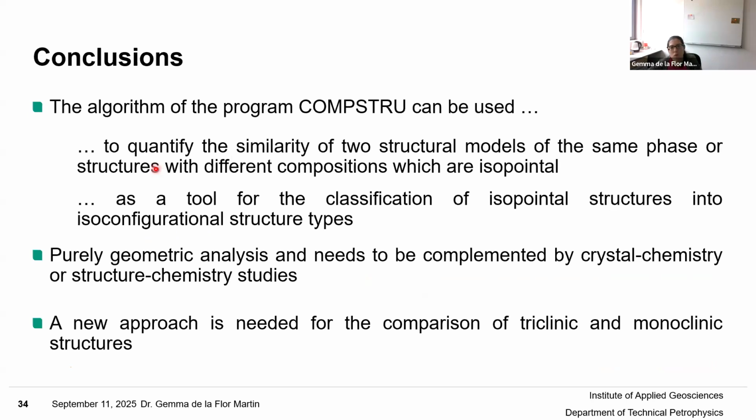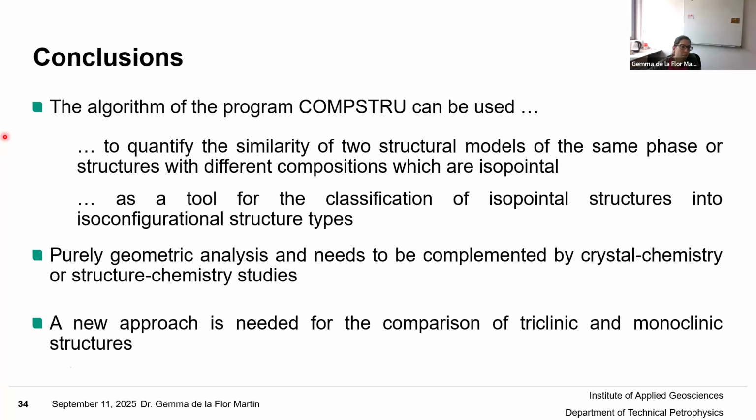Now, just to sum up, here I'm showing some conclusions. The algorithm of the program COMPSTRU can be used to quantify the similarity of two structural models of the same phase or structures with different compositions, which are isopointal, and as a tool for the classification of isopointal structures into isoconfigurational structure types.